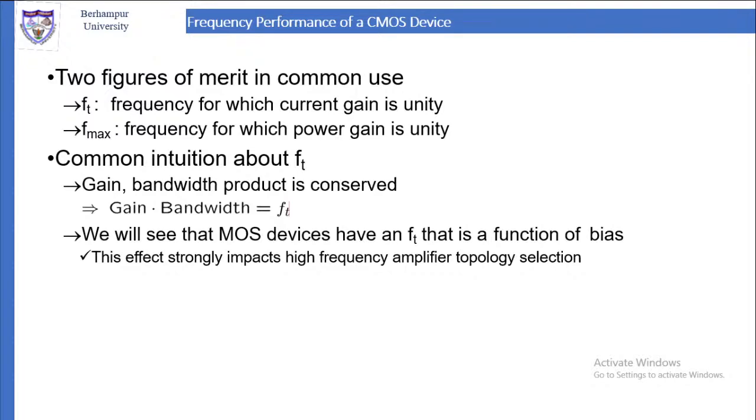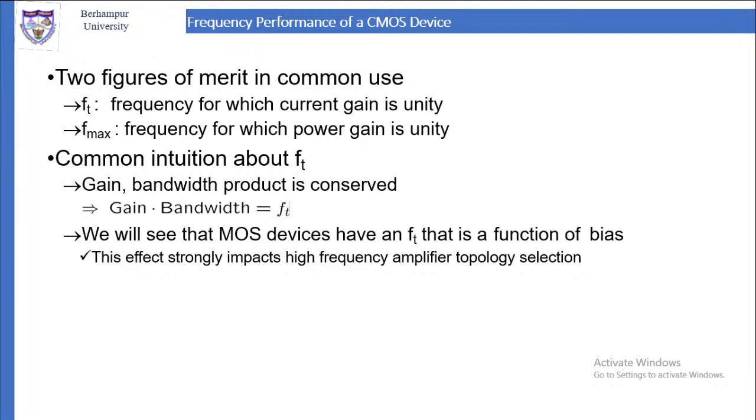It means that if you increase the gain, then the bandwidth will decrease, and if you increase the bandwidth, then the gain will decrease. Now here, FT is the frequency at which gain is equal to 1.